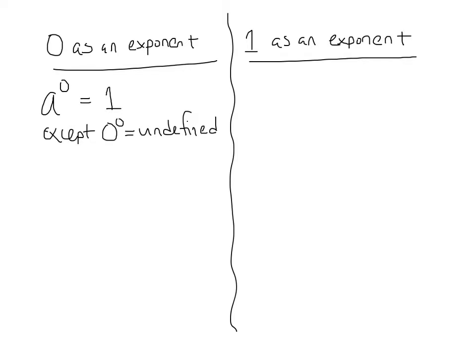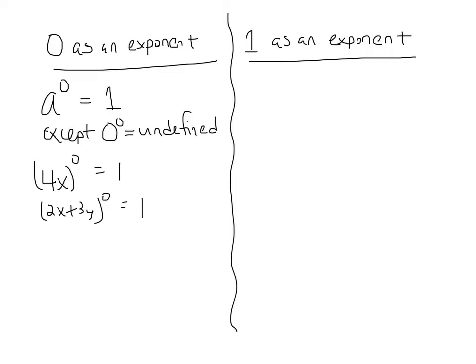Anything else to the 0 power is 1. So we could have (4x) to the 0 power, and that's 1. We could have (2x plus 3y) to the 0 power, and that's 1. We could have anything to the 0 power, and it's 1.